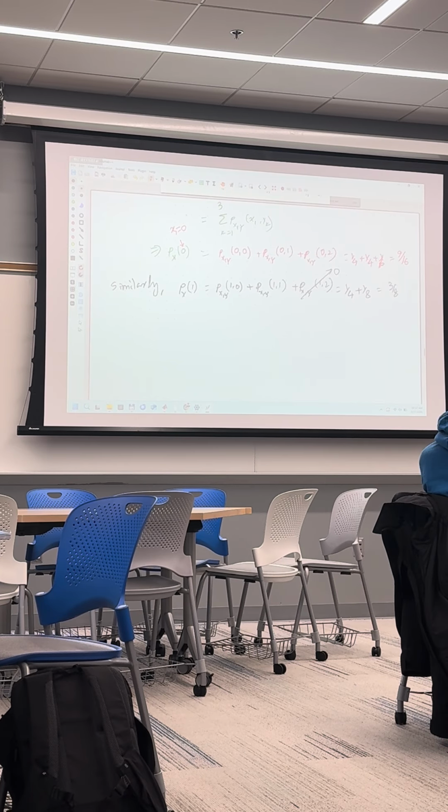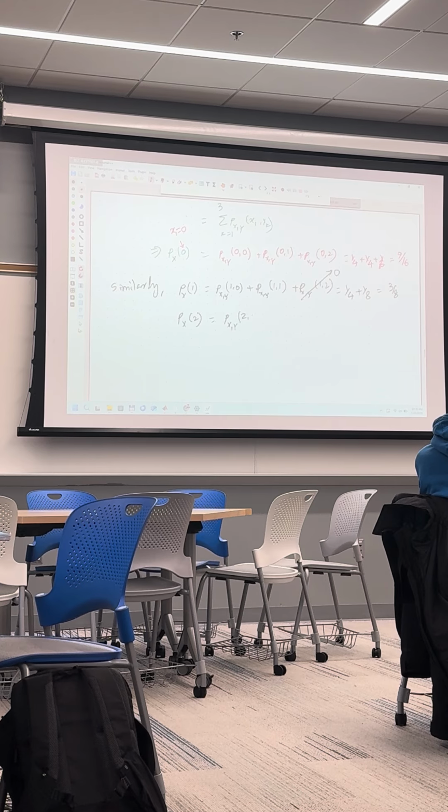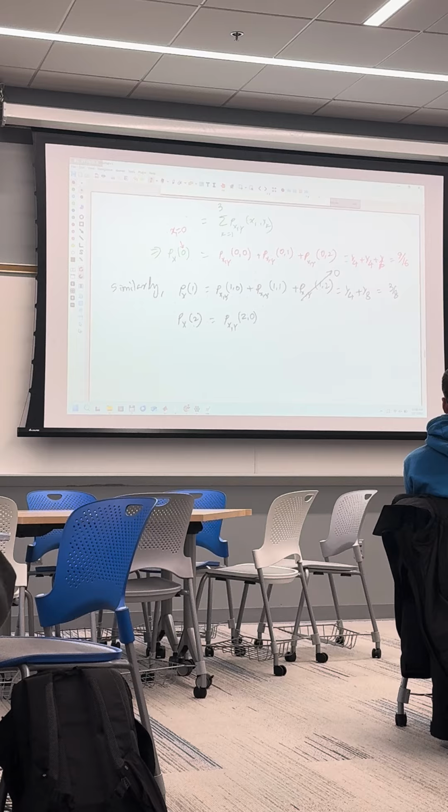And the marginal PMF of random variable X taking value 2 is going to be the joint PMF of X, Y taking value 2, y could be 0, but y cannot be 1, 2, any of these. X equals 0, y equals 1 does not exist. So it is basically 1/16.